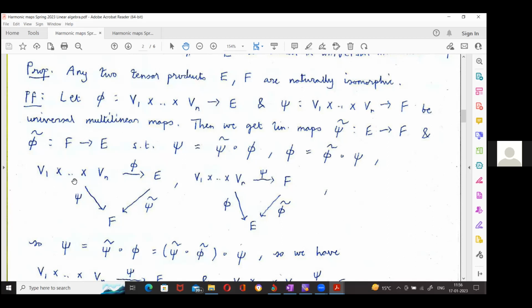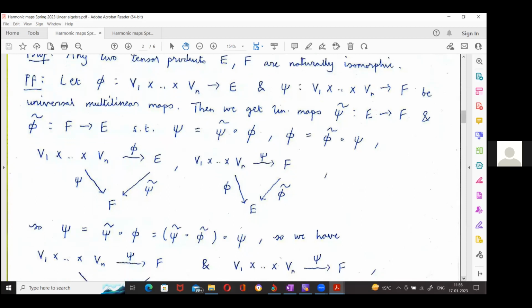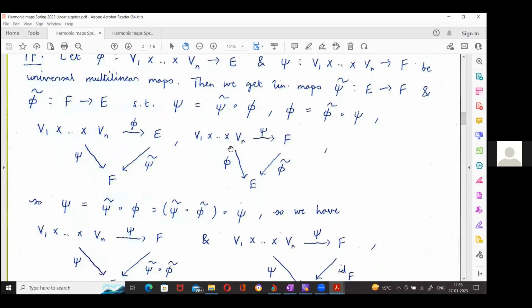Now consider the following commutative diagrams. We have ψ factoring through φ, so ψ is ψ tilde composed with φ. And similarly, φ is factoring through ψ. So using this, ψ is equal to ψ tilde composed with φ. But φ again, I can write as φ tilde composed with ψ.